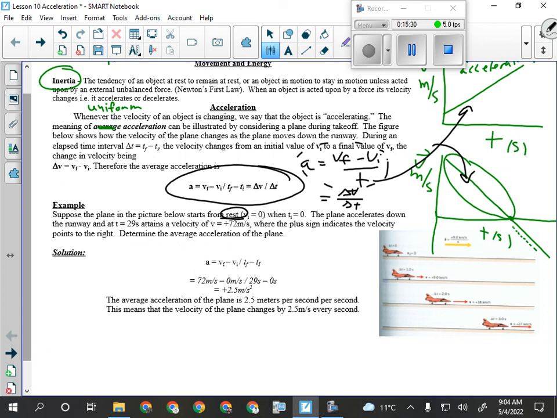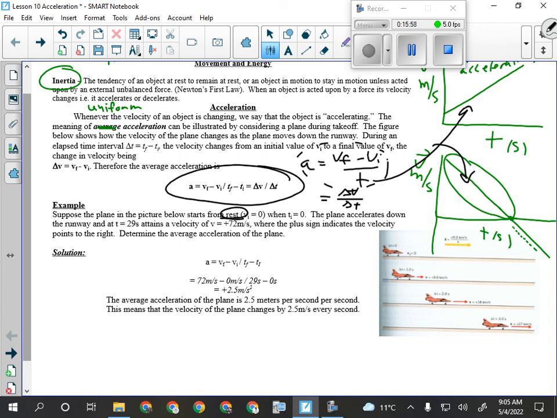It negatively accelerates, and what's my VF? 0. If it comes to rest, it's coming to a stop. So starts from rest, VI is 0. Comes to rest, VF is 0. Rest always means not moving, so when you see that term, look at whether it's initially at rest or finally at rest.